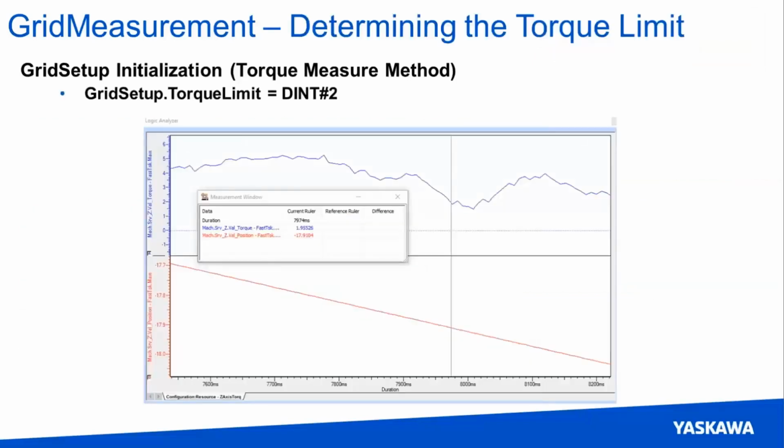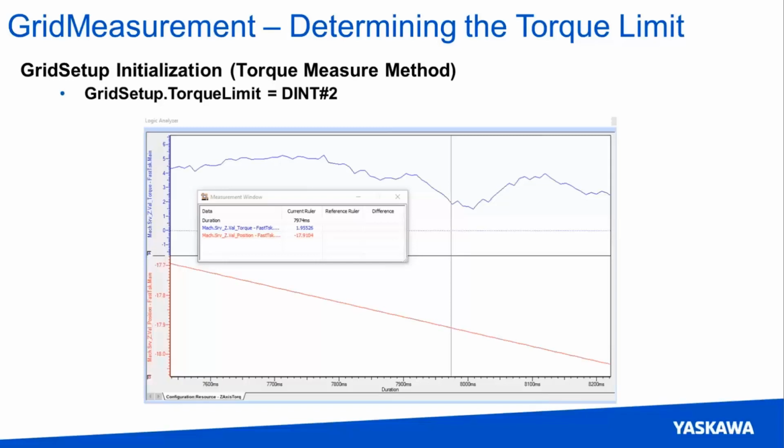As I said, torque is the most complicated and least recommended of the 3 measure methods. So I wanted to show a logic analyzer trace. You'd want to take a logic analyzer trace before you start your grid measurement to determine what you should set that torque limit to.